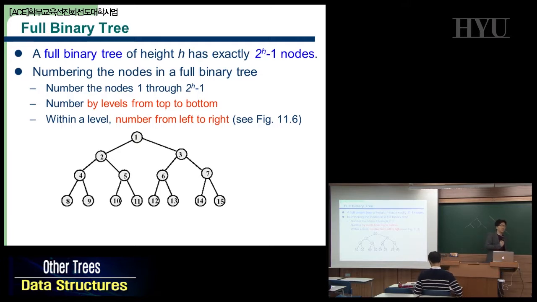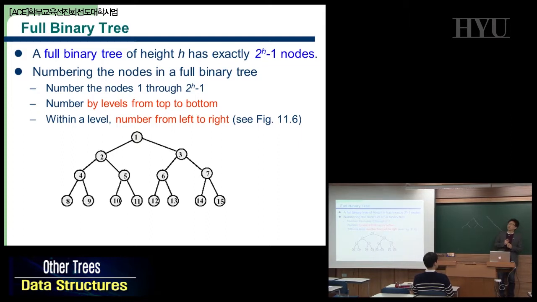And then what else did we look at? How do you find the number of your left child and right child? It's quite obvious. The parent of node i is i divided by 2, taking the floor. For the right child, the number of my right child is 2 times i plus 1, and the left child is 2 times i.